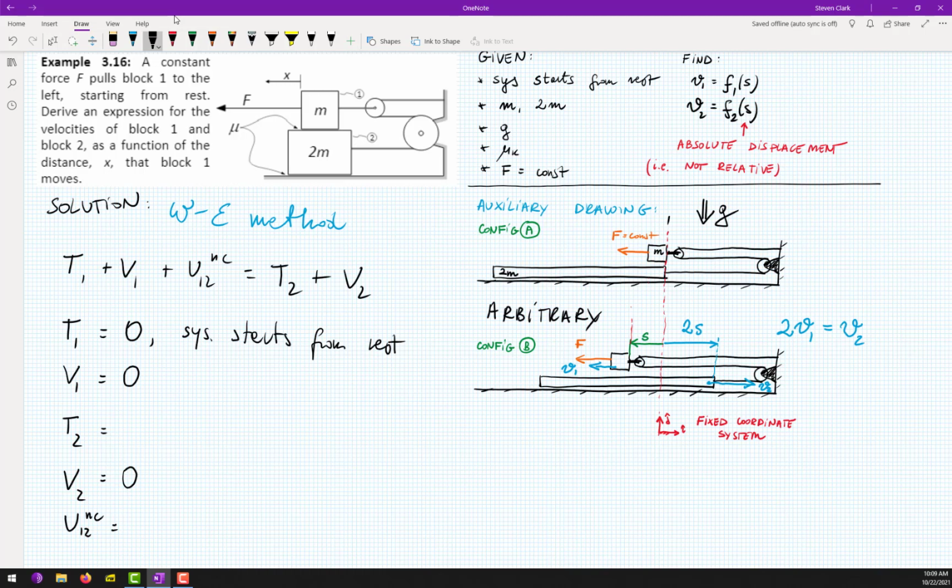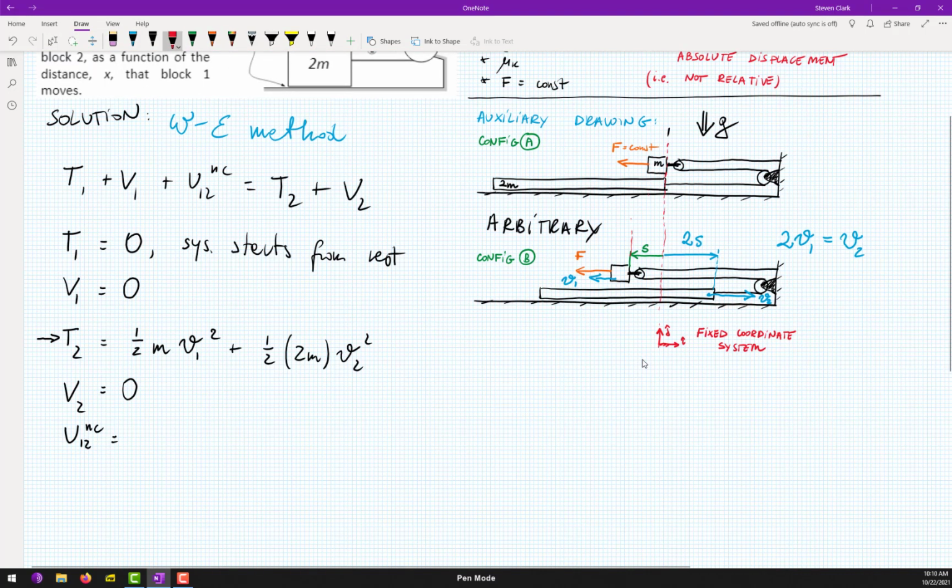How about T2? Our bodies have a velocity at configuration B. So I can write in here that it will be 1/2 m v1 squared plus 1/2 2m v2 squared. We introduced two unknowns in here, but let's reduce it to one unknown, because I believe that we can find exactly the relationship between v1 and v2.